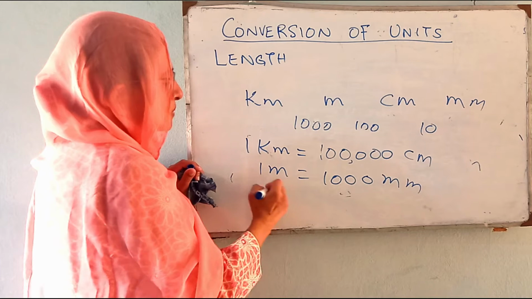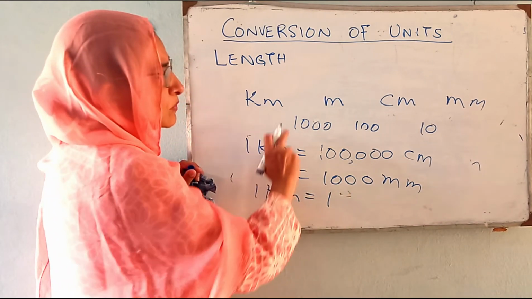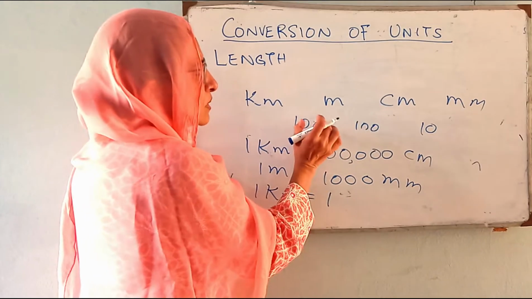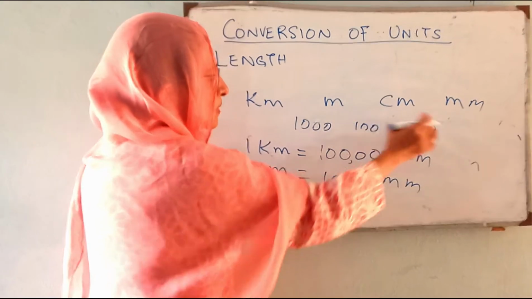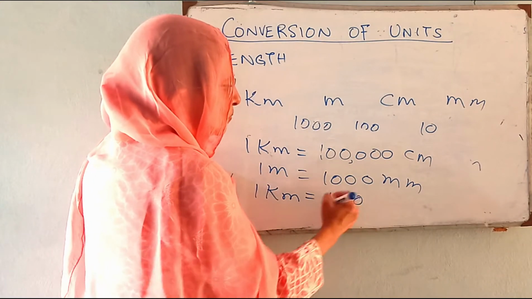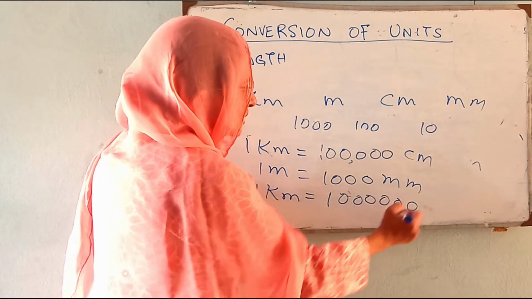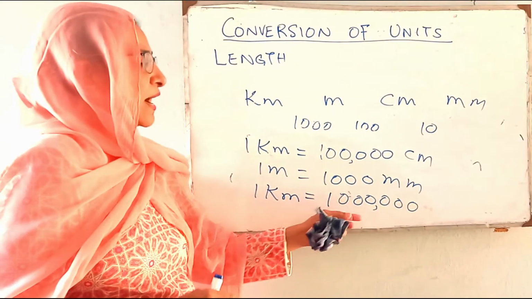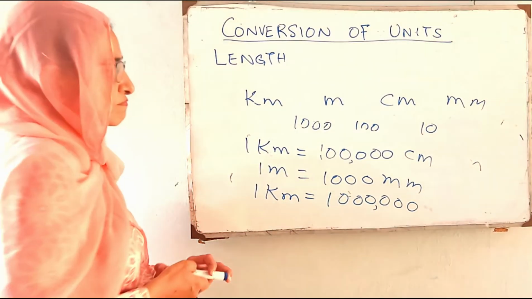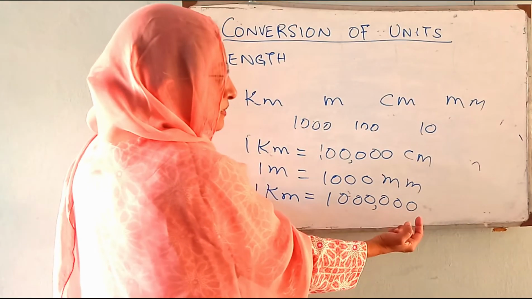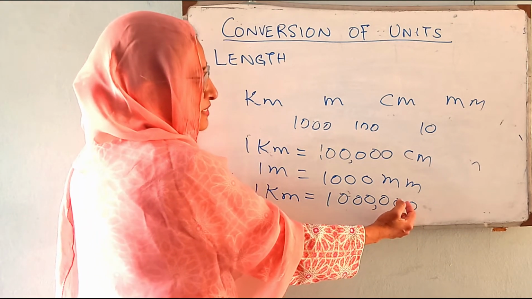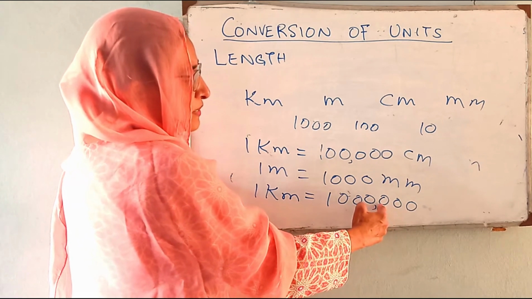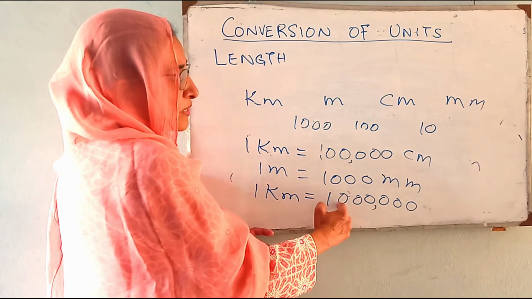So 1 kilometer is equal to 1 followed by the count of zeros: 3 plus 2 plus 1, that is 6. So you are going to put 1, 2, 3, 4, 5, 6 zeros. It is equal to 1 million. Using the table, it will be 1, 2, 3, 4, 5 units: 10, 100, 1000, 10,000, 100,000 and million.